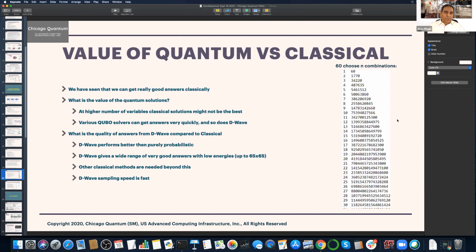Now, I want to talk about the value of the QUBO method. If your problem can efficiently map onto the QUBO, there are a lot of really efficient QUBO solvers. D-Wave is one of them.